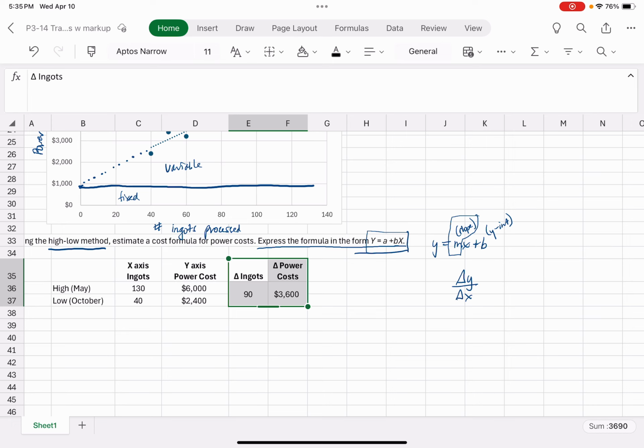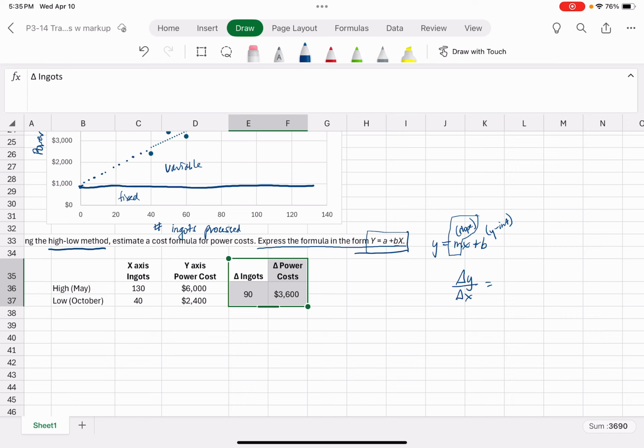So our slope, delta y over delta x, equals $3,600 over 90 ingots processed. And that is $40 per ingot processed.